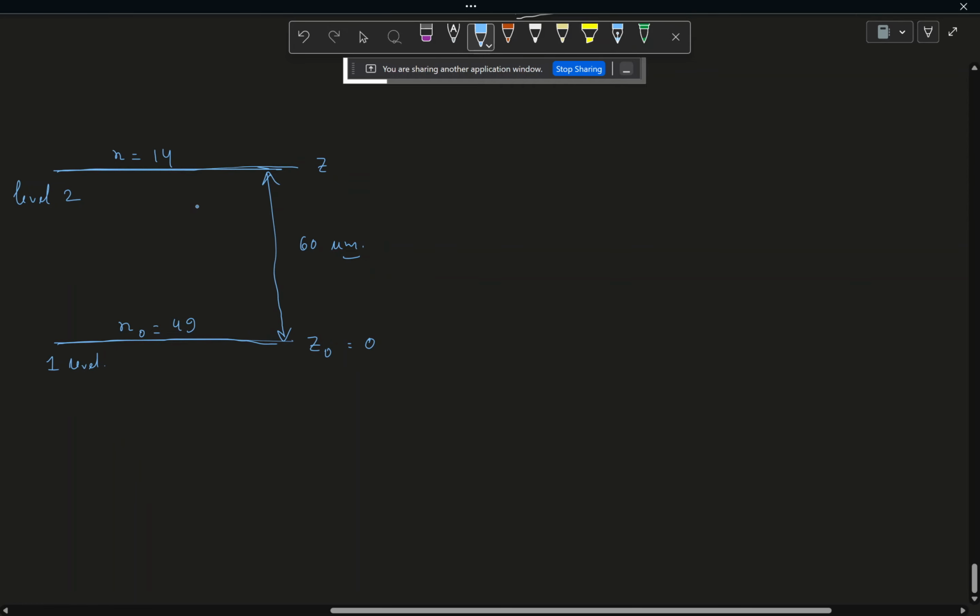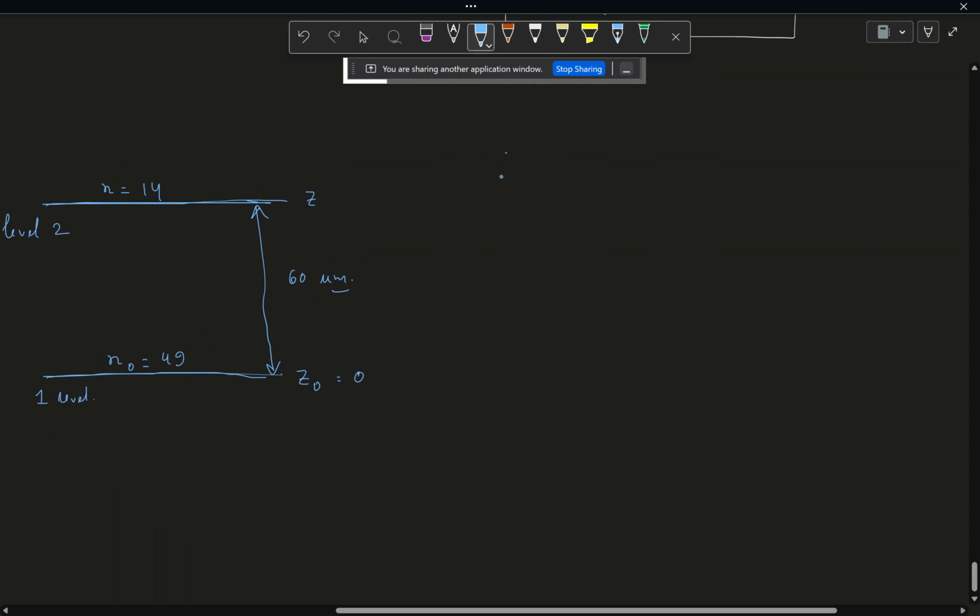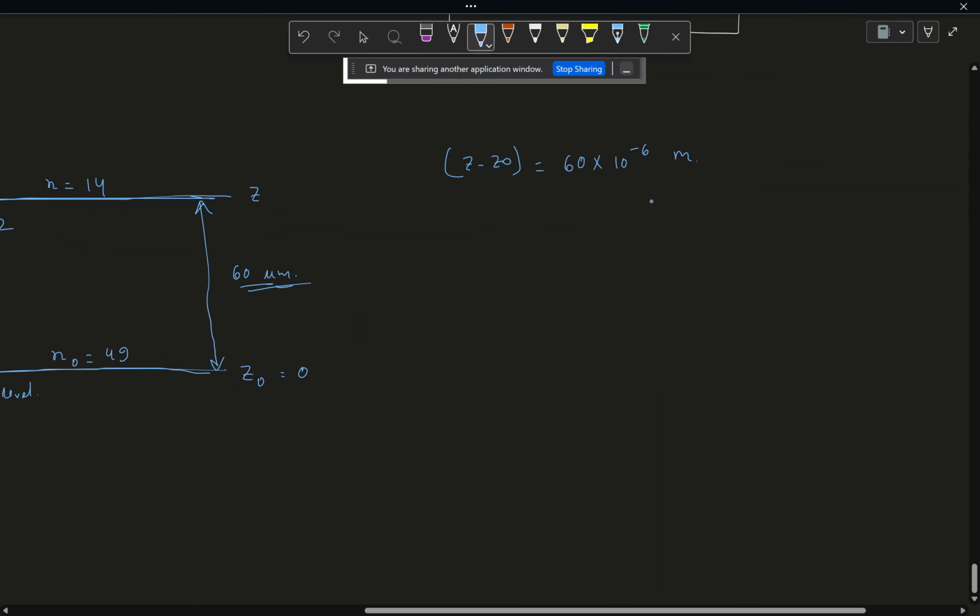Basically the idea is, because there is no information given to us about the thickness of each level, we just take it as unity to simplify things, and instead of saying number of particles per unit volume, we equivalently say number of particles per unit area. I hope this is clear first of all. And now we have the information that Z minus Z0 is given in the question as 60 micron, which in SI unit is 60 times 10 to the power minus 6 meter.